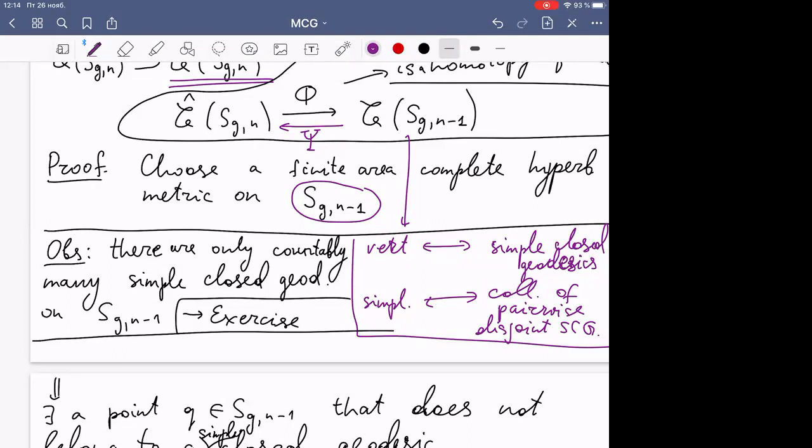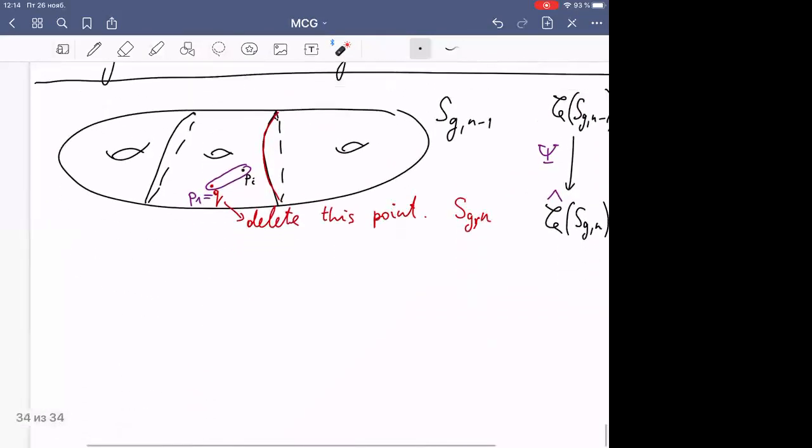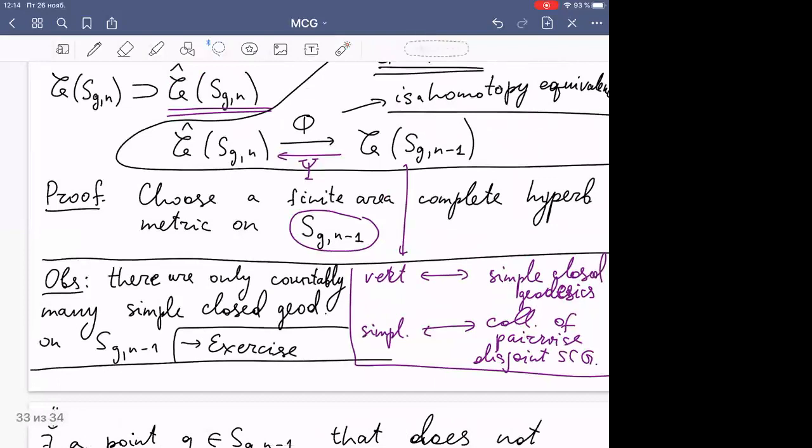In one direction, this is obvious. In fact, if we first add a puncture and then delete it back, then of course we get the same curve up to isotopy. So, well, I would like to copy this.